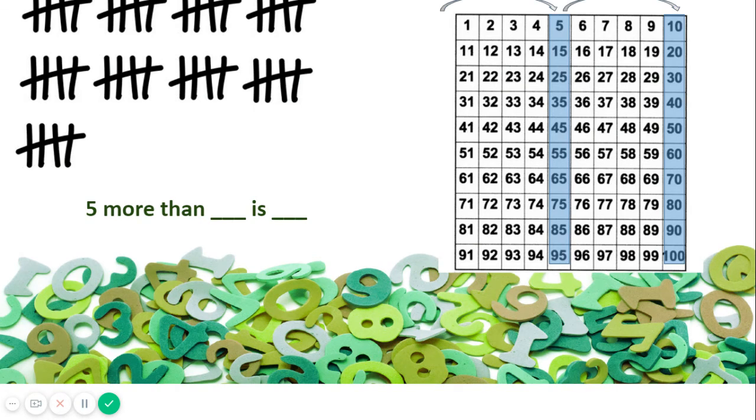There are 5 lines in here. So we also have the 100 chart here. And this time, we're going to count by 5. So every number that ends in 5 or ends in 10, we jump from 0 to 5, 10, 15, 20, 25, 30, and so on.